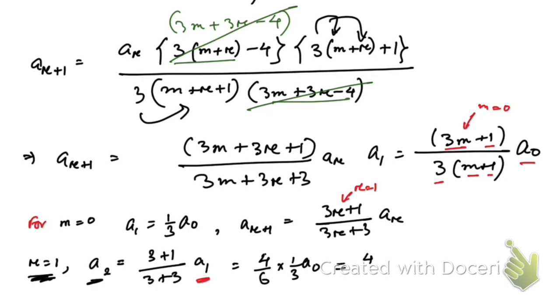Yes, you can cancel. 2 into 2 is 4, 2 threes are 6. So after cancellation you can have 2 by 9 a naught. So that's what we have got, a2 is equal to that. Similarly we can find a3 as well. Let me copy these things and let me go to the next slide.